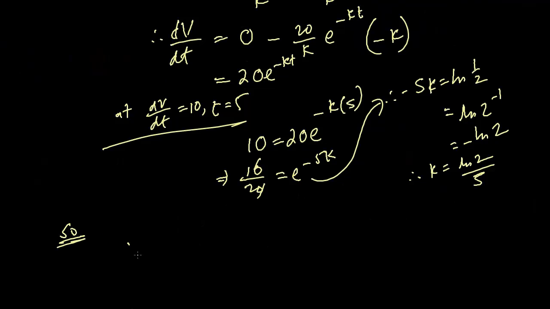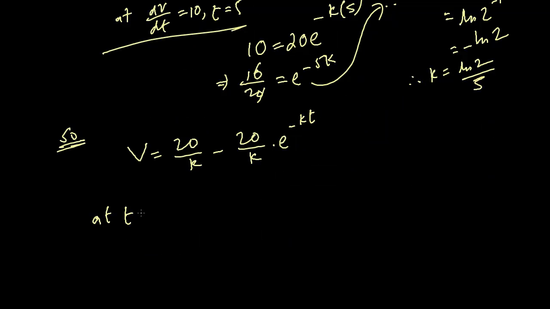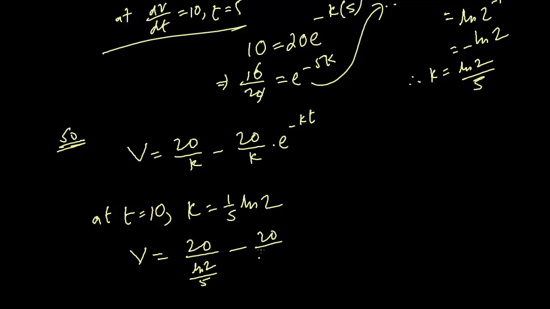So volume equals 20 by k minus 20 by k e to the power minus kt at t equals 10 and k equals 1 by 5 ln 2. We can write volume equals 20 by ln 2 by 5 minus 20 by ln 2 by 5 e to the power minus k is 1 by 5 ln 2 and t is 10.